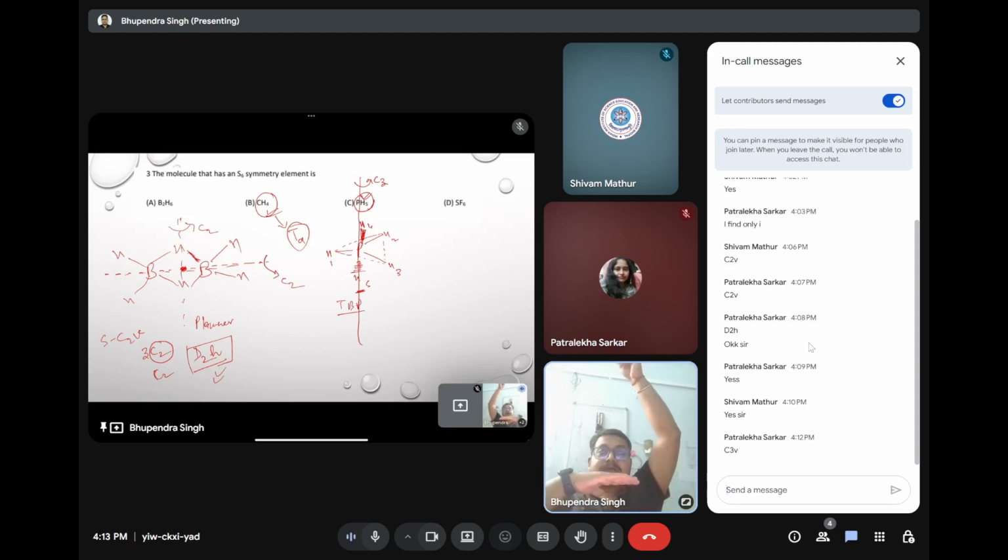So along H4 and H5 is your axis. So a C3 axis of rotation is present here. Okay, Patlekha is saying C3v. Okay, so C3 is present. Is any other axis present or not? Just try axis of rotation.